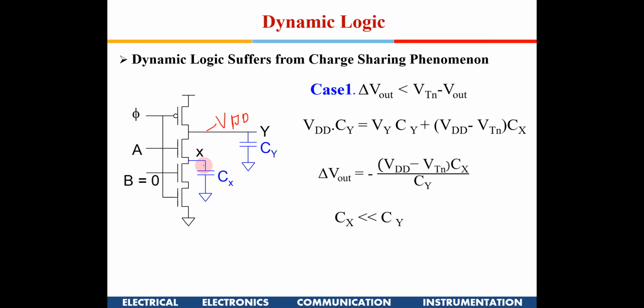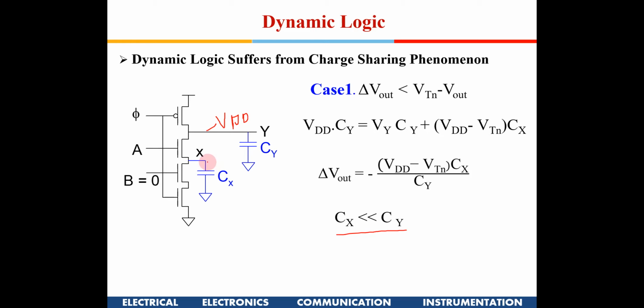So that is an issue with the dynamic circuits, and there were two different conditions which we saw. In the first case, Cx is much lesser than Cy. So even a small charge which gets shared from Cy will result in a large voltage increase across Cx.